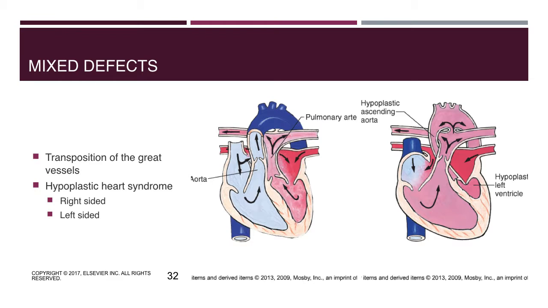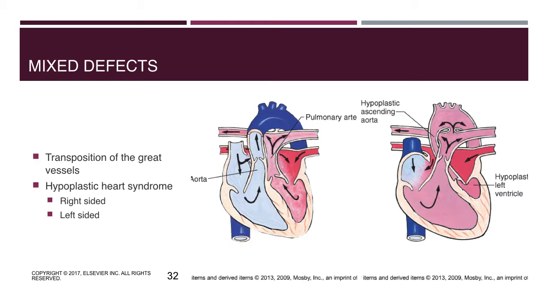The mixed defects, which are transposition of the great vessels and hypoplastic heart syndrome. There is right hypoplastic heart syndrome, but most people are more aware of the left hypoplastic heart syndrome. And you can see here in the picture of the left hypoplastic heart that the ventricle does not develop into the nice big space that it should be.